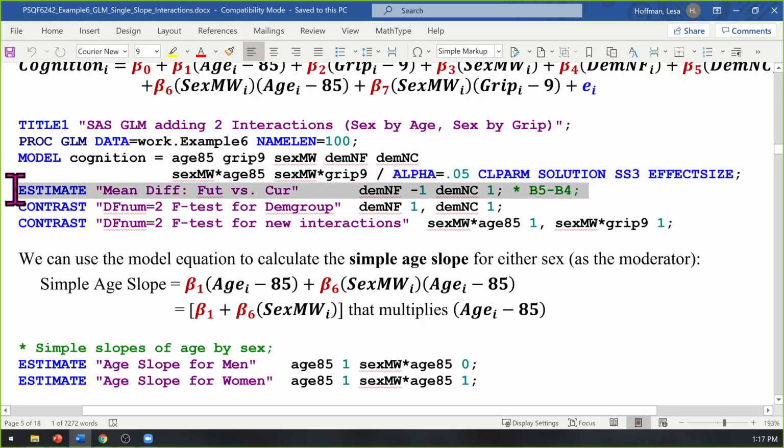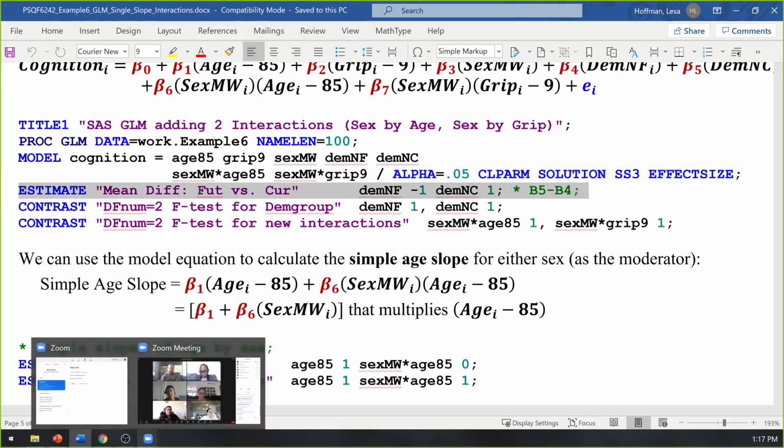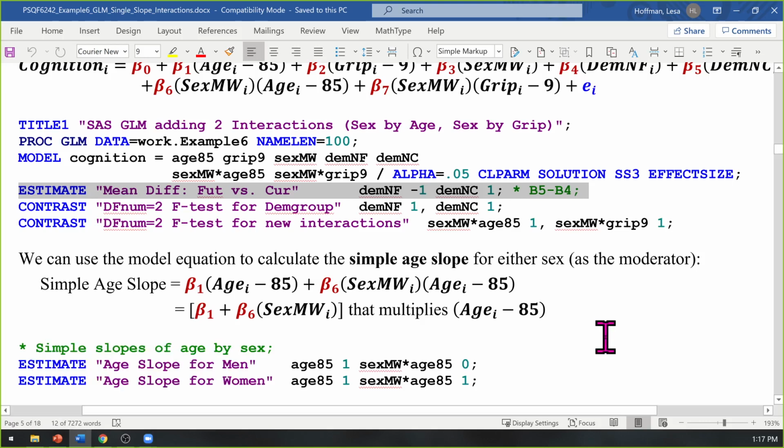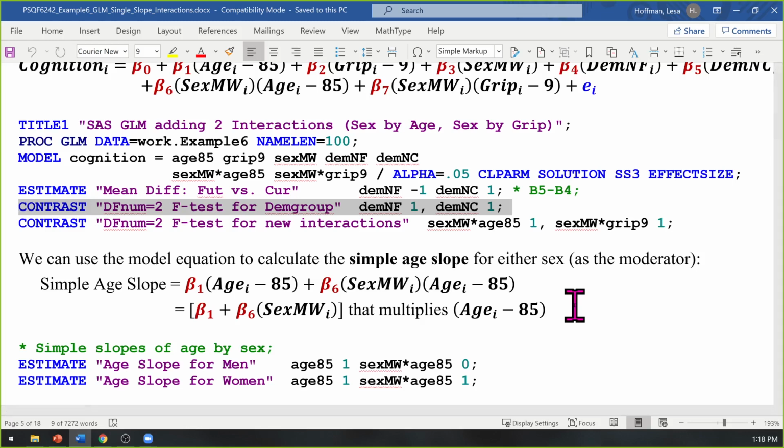First off, there's an estimate statement to get the missing dementia group difference. So we have the slope for none versus current as the 1, and then the slope for none versus future is the -1, and that gets us beta 5 minus beta 4, which gets us that missing difference. I'm also adding in, I believe this is the F-test thing that you were referring to, Jerome, just a minute ago, the contrast statement.